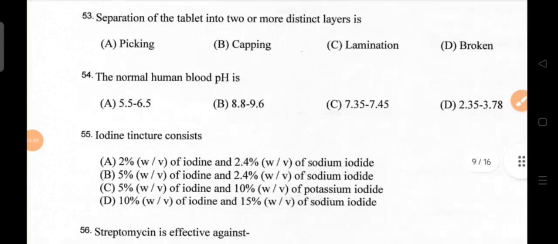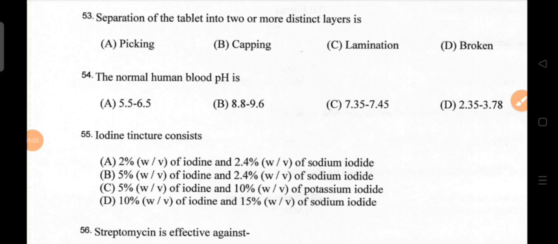Next, coming towards 54. The normal human blood pH is. pH questions generally come in competitive examinations. So these are very important questions.